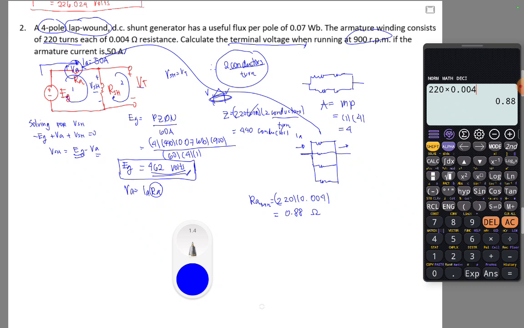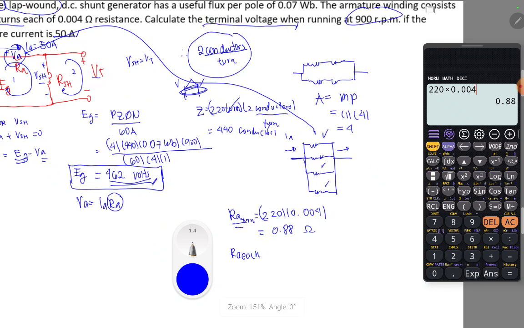Now since we would distribute all this resistance into these 4 parallel paths, I may say that RAH will be here in this diagram.